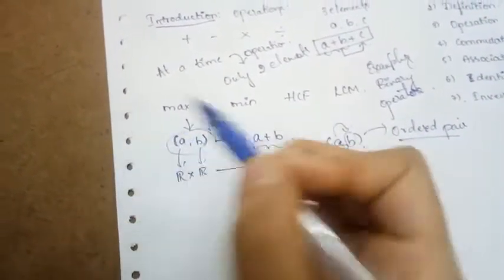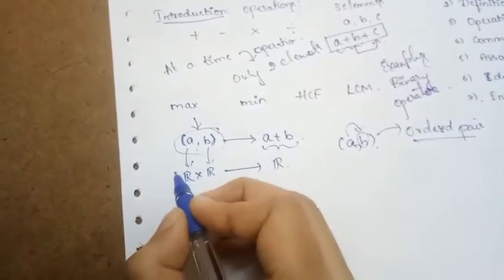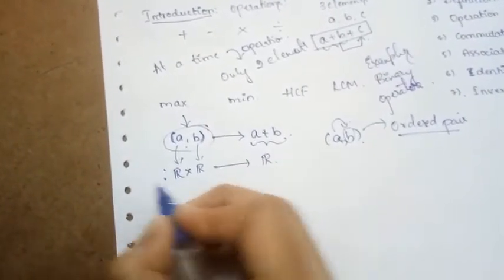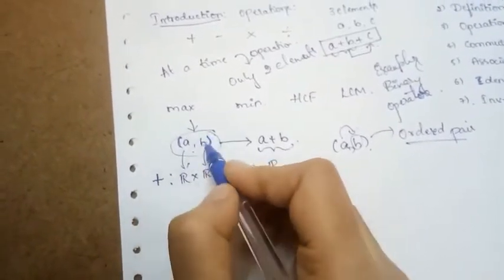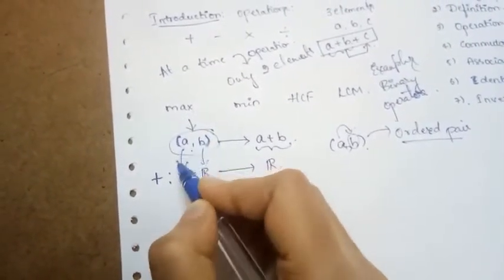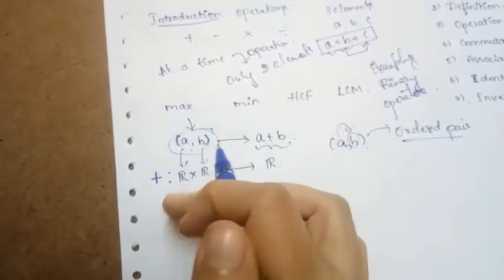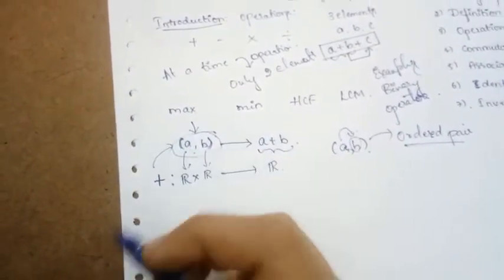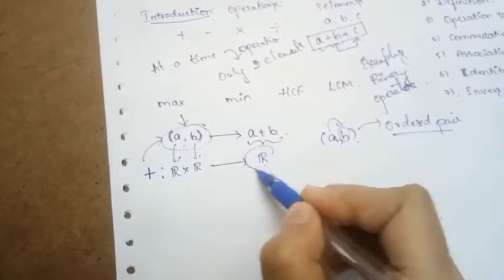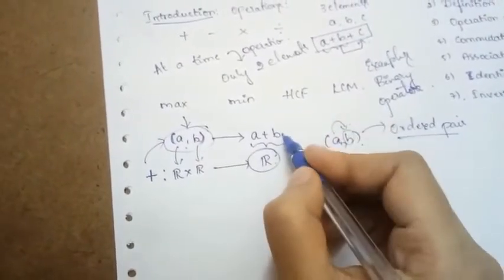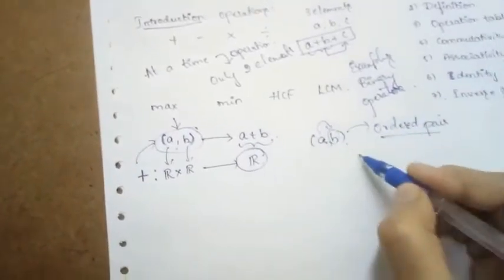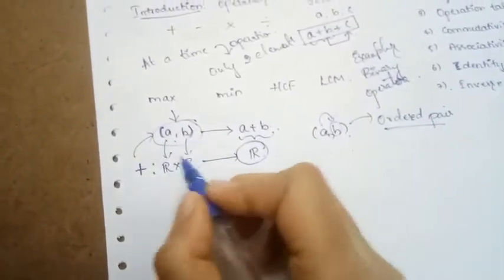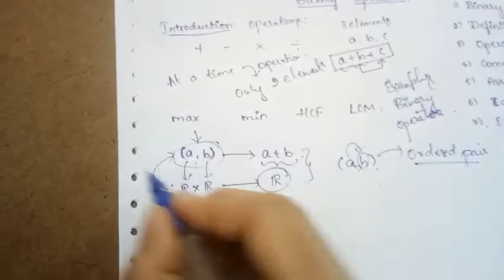If I consider the operation addition, then addition is the operation involved between these two elements. After operating, the element we get belongs to the set of real numbers. So generally we write it in this manner.